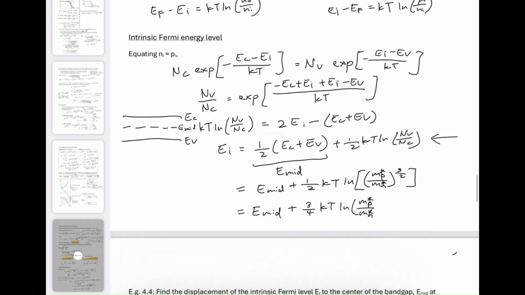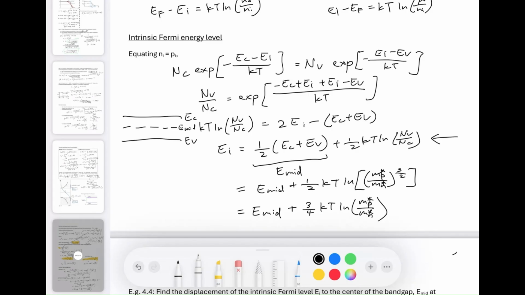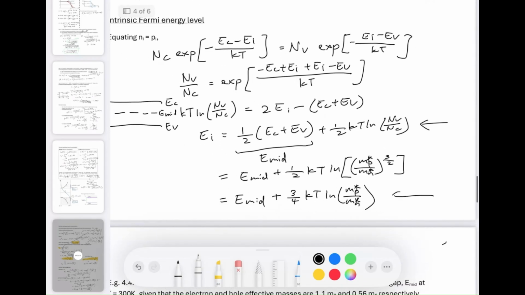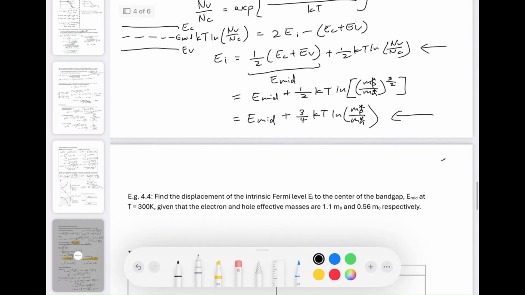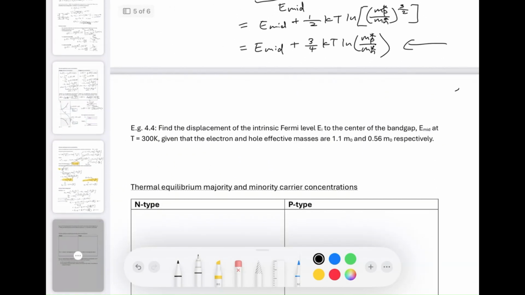Again, this is the effective mass of the hole for mp and the effective mass of the electron for mn. So you can either use this or this. You don't actually have to remember this because it's quite rarely tested, but it's good to know, and it's quite fast to derive as well, but you can just remember it if you want. The derivation is necessary for the example, since it's not a given equation and not in the formula sheet, so you have to derive it.